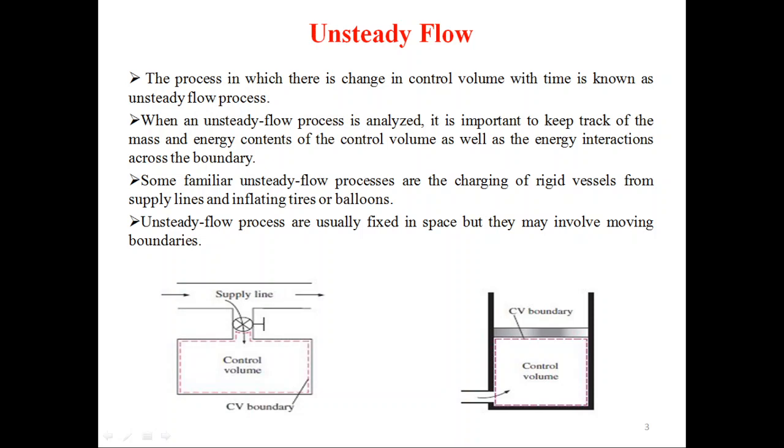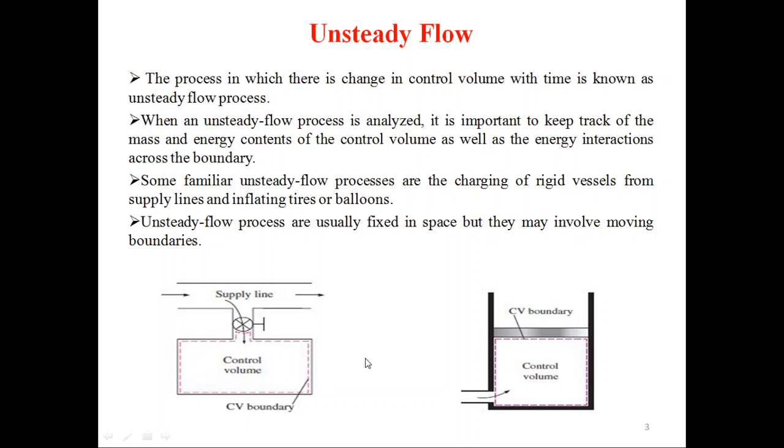Unsteady flow processes are usually fixed in space, but they may involve moving boundaries. As you can see in the diagram, in the first diagram the boundary is not moving, but in the second diagram, as the fluid enters the control volume, the piston will start moving upward.